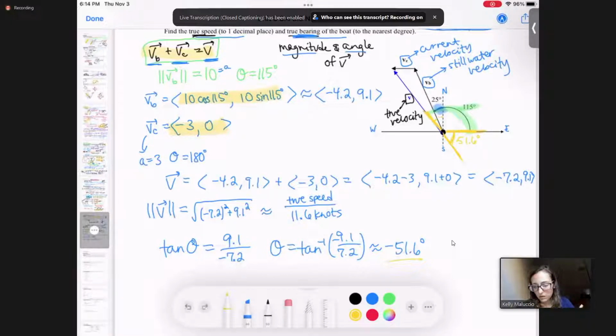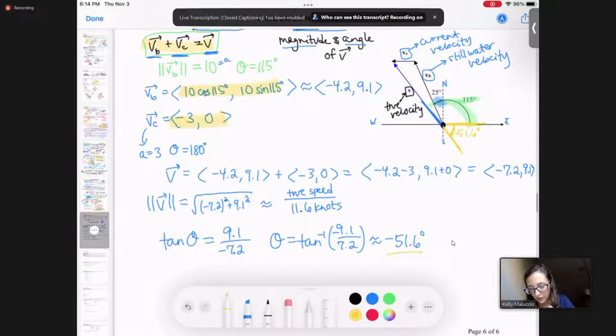Oh, maybe I should do a different color. Hold on. So basically, this is the vector here, and the angle that we found is equal to this. So this right here is 51.6 because they're vertical angles. This picture is okay, obviously still not drawn to scale, but they're vertical angles here.